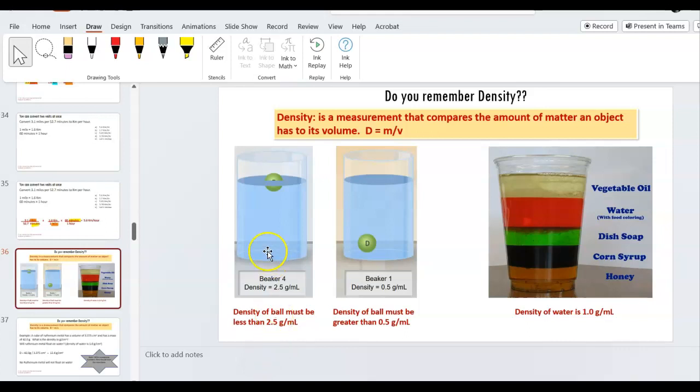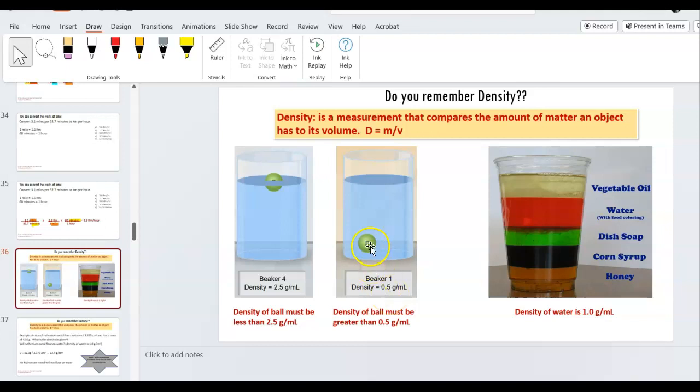Anyway, so on the left-hand side, the density of the liquid in the beaker is 2.5 grams per milliliter. Because the ball is floating, the density must be less than that, right? So the more dense an object is, I guess relatively speaking, the more it's going to sink, right? In the beaker on the right-hand side, the density of the liquid is 0.5.